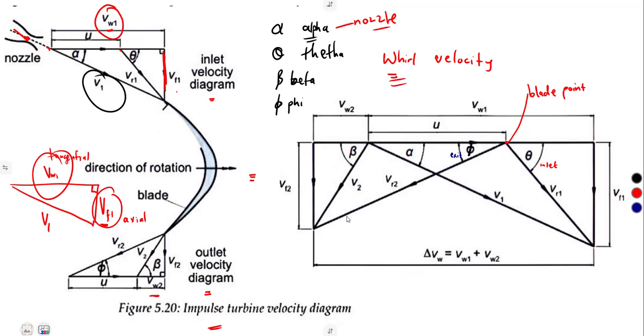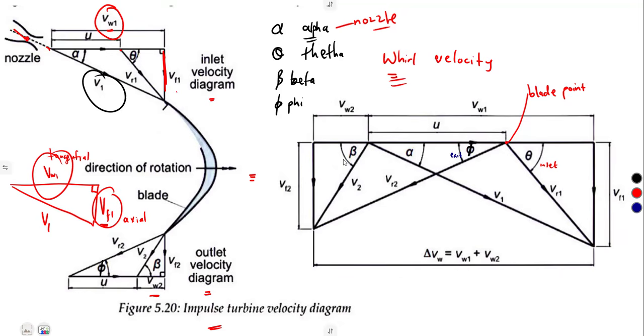Then the gas leaves the blade with an absolute velocity V2. That is the absolute velocity at the end, at an angle beta, which is the direction of the flow of the gas at the exit.